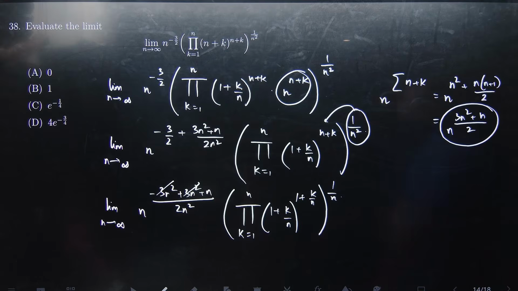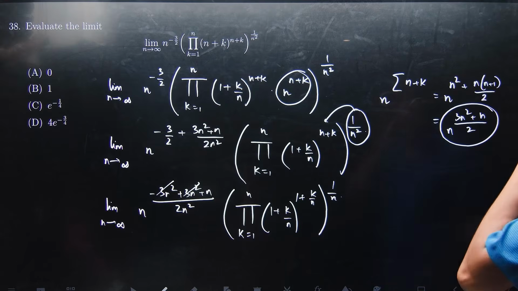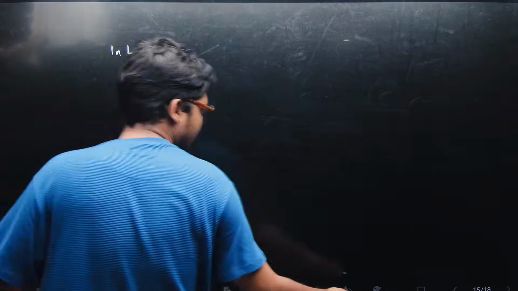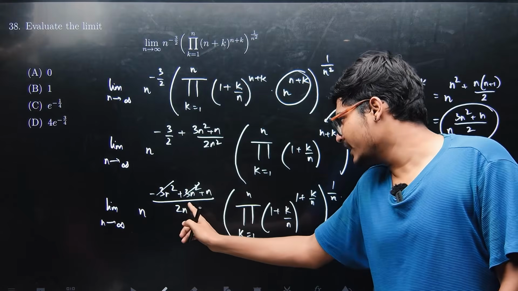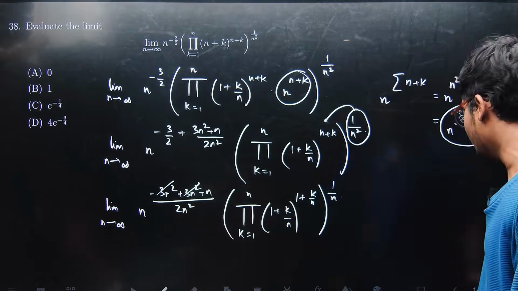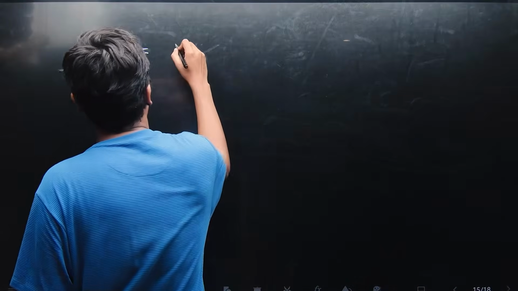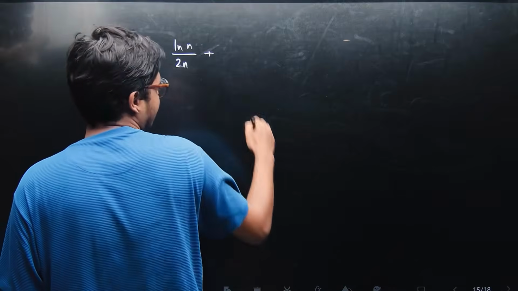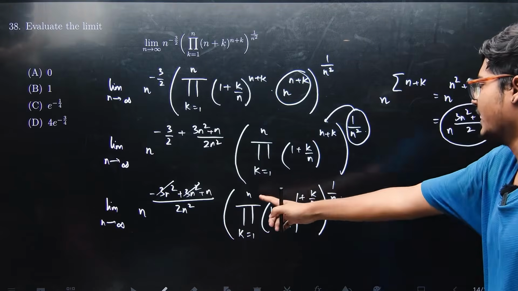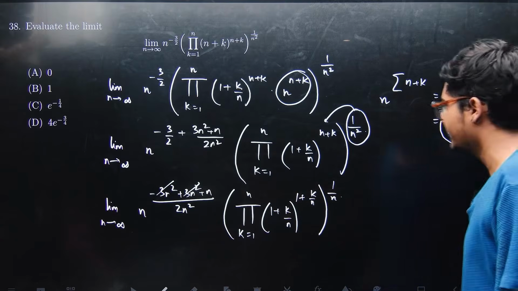Now what I'll do is I'll simply take log on both sides. I'll take log of this limit, right? So log of the limit will turn out to be what? If you look at it, from this first term you'll get n to the power 1 by 2n, right? So that's 1 by 2n log n, plus from here what will you get? You'll get 1 by n summation of these terms, right?